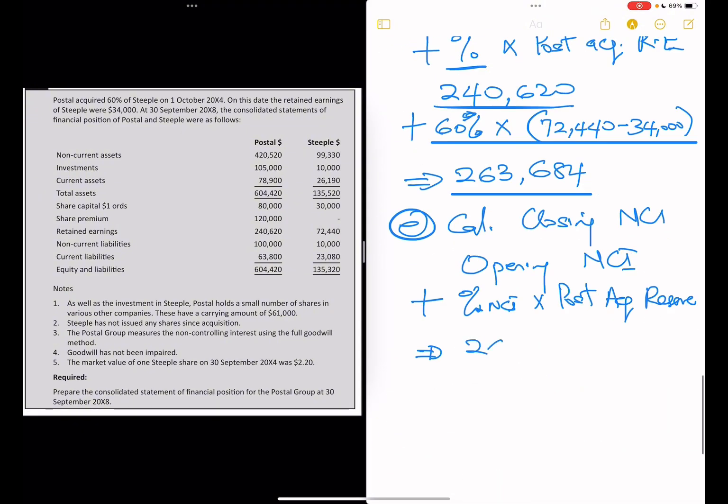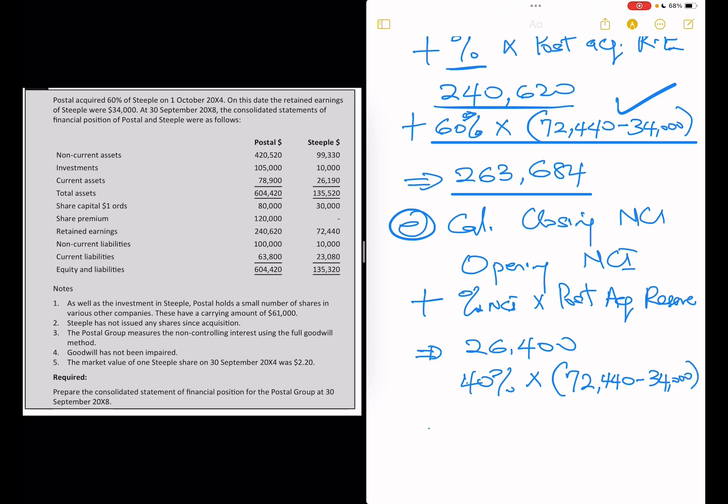So that's 26,400. Then we need to do 40%, which is NCI, multiplied by post-acquisition retained earnings, which is similar to what we did here. 72,440 minus 34,000. And that will give us a closing NCI of 41,776.